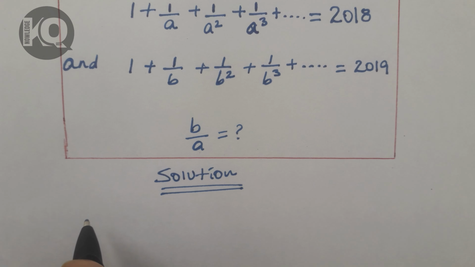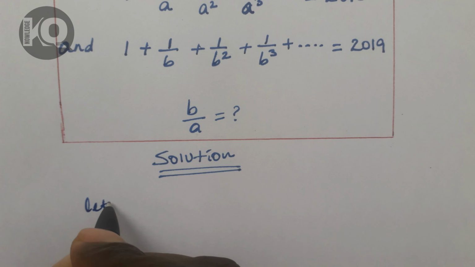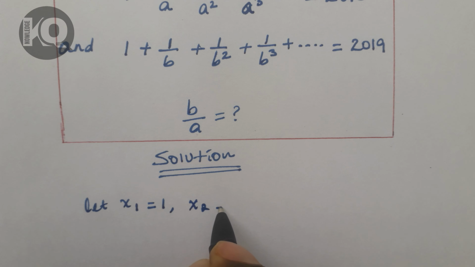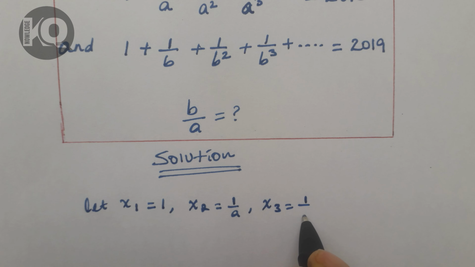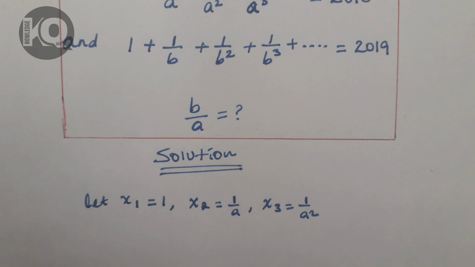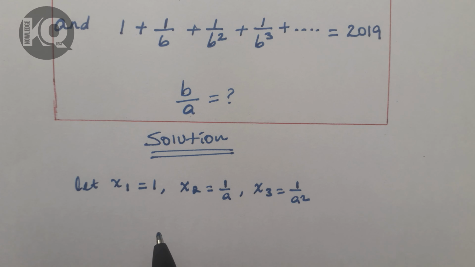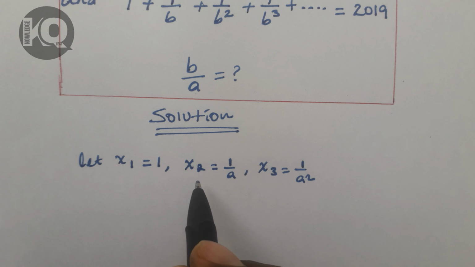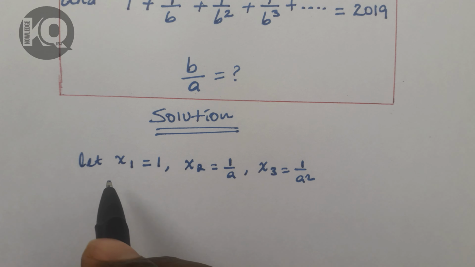Let x1, the first term, be 1, x2 be 1 over a, and x3 be 1 over a square. To find the common ratio, simply divide each term by its preceding term.